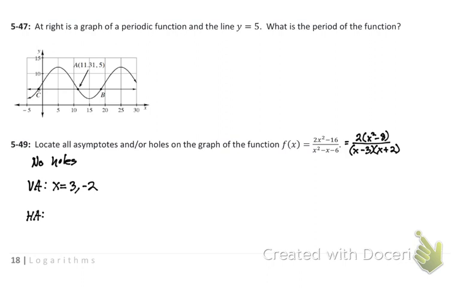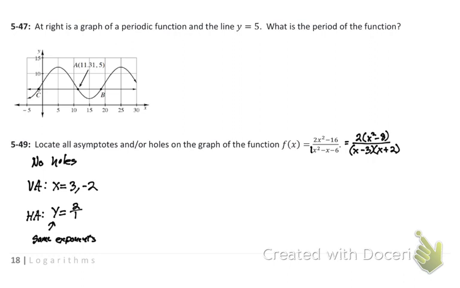If they are the same, which happens in this case, you divide your lead coefficients, the numbers in front. The number in front of x squared on top is 2. The number in front of x squared on the bottom is 1. So our horizontal asymptote will be y equals 2 over 1, or just 2. I'm going to leave it as 2 over 1 because that's important for you to understand. If your exponents are the same, you divide your coefficients.